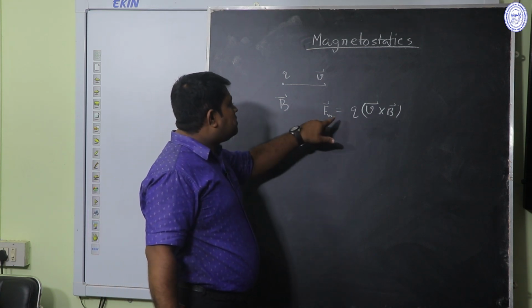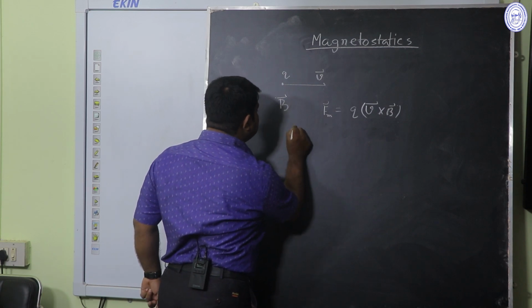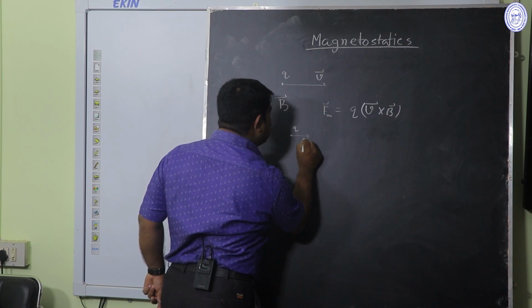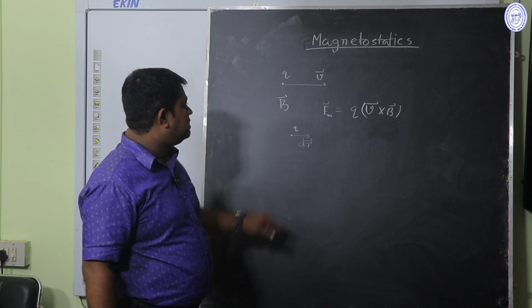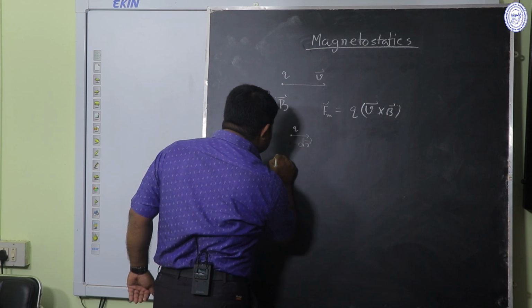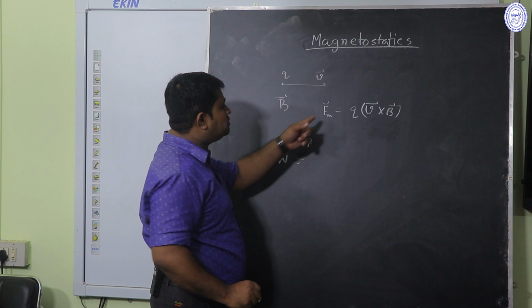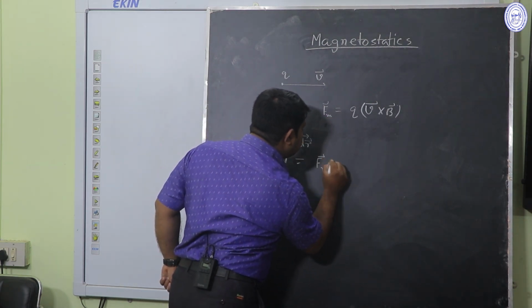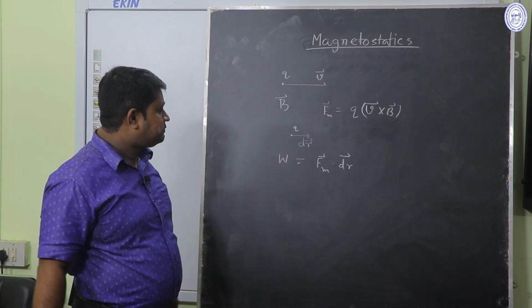Due to the magnetic force, suppose the charged particle q moves through a distance dr. Due to the displacement of the charged particle, some work W is done, equal to force into displacement, force F_m dot dr. This is the work done.